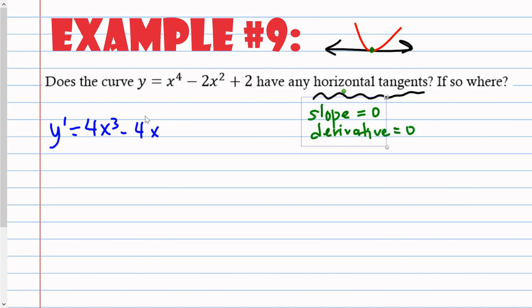So now what I want to do is see at what x values this equation equals 0. We have a GCF, greatest common factor, of 4x, so I'm going to go ahead and pull that out. So 4x cubed leaves me with x squared minus 1. Okay, so I have 4x times x squared minus 1. So I'm going to use the zero product property to determine what x equals.